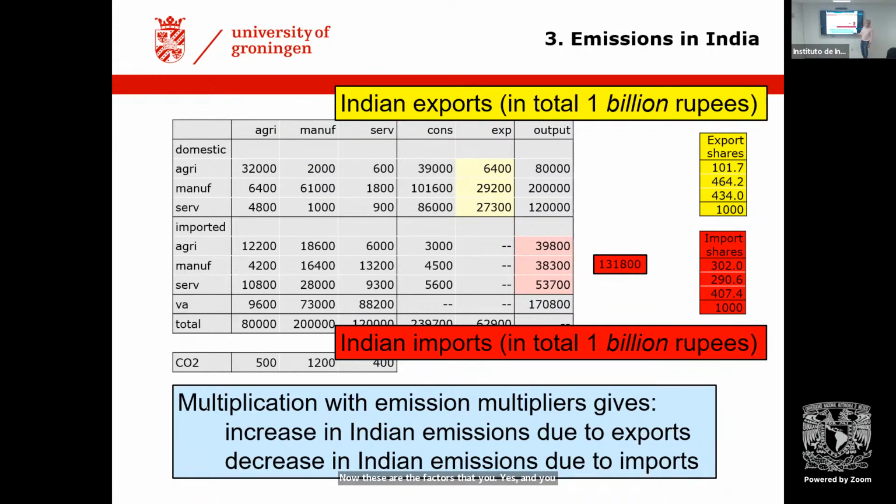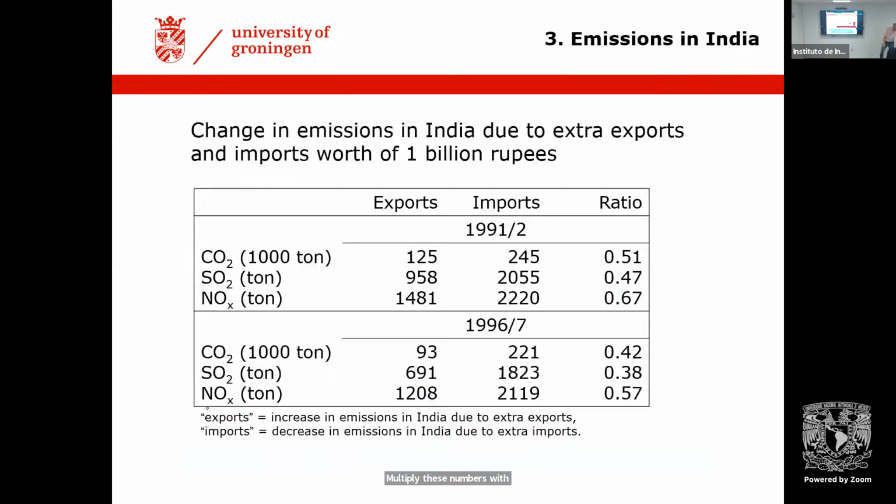Multipliers, see the last hour, give you the increase in emissions for 1 extra million rupees, for example, of exports in this industry. Multiply these numbers with the emission multipliers. And here are the results.